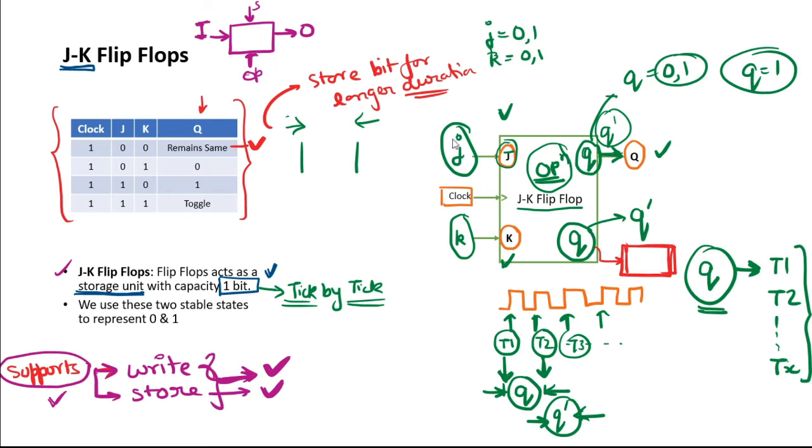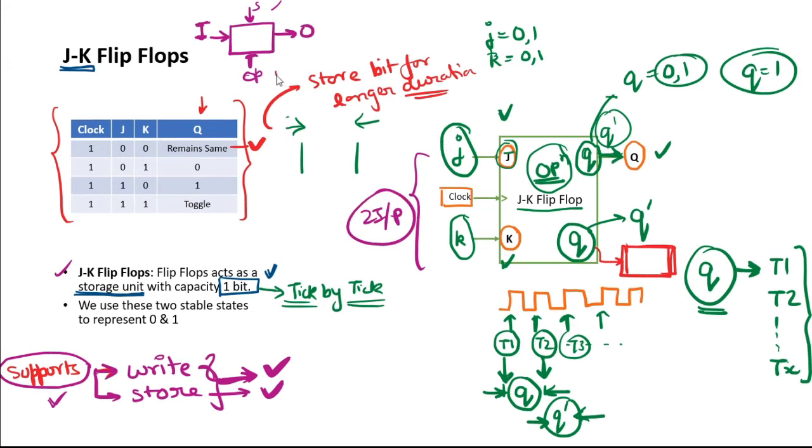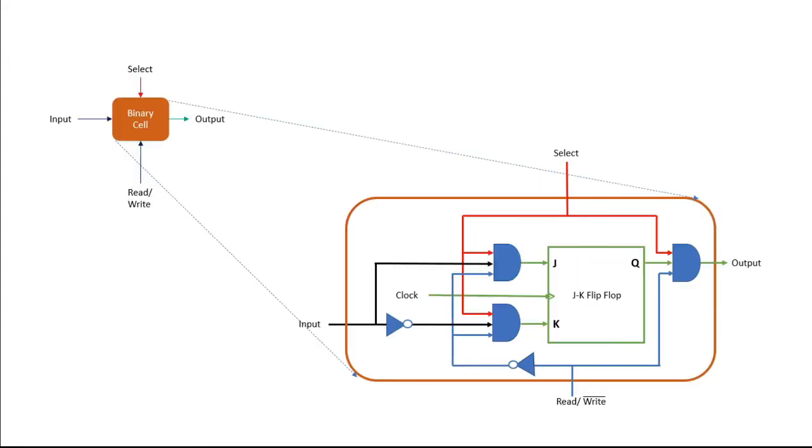It does not look like a JK flip-flop, because a JK flip-flop actually has two inputs. It does not have select and operation lines. It has two input lines, but our binary cell has just one input line. So our binary cell looks something like this.